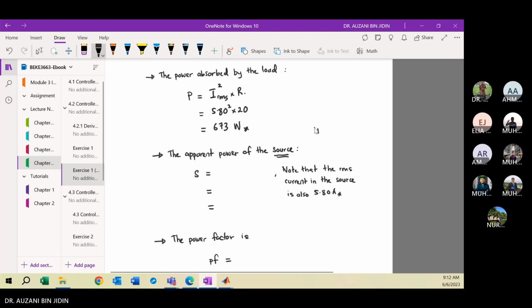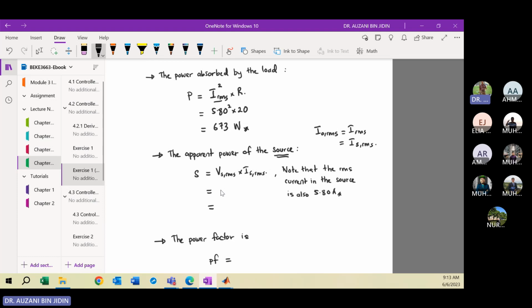Remember the output RMS current is equal to the RMS current of the source, so you have to take note of this. So the apparent power S is the multiplication between VS RMS and IS RMS, where VS RMS based on the question is 120.